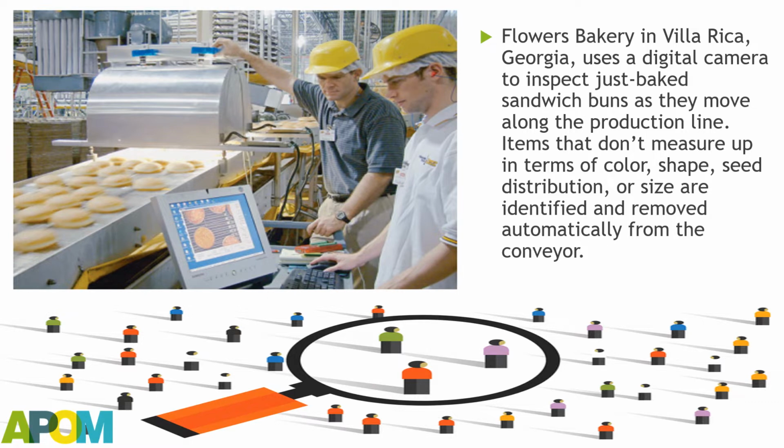Items that don't measure up in terms of color, shape, seed distribution, or size are identified and removed automatically from the conveyor. Acceptance sampling can be applied either when materials arrive at a plant or at final inspection, but it is usually used for controlling incoming lots of purchased products.